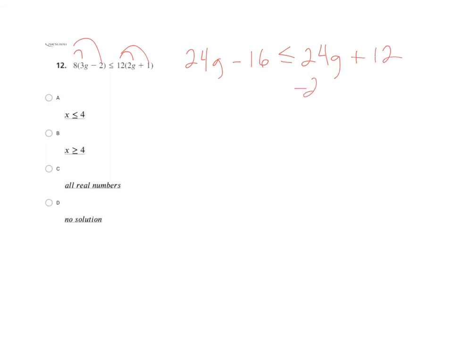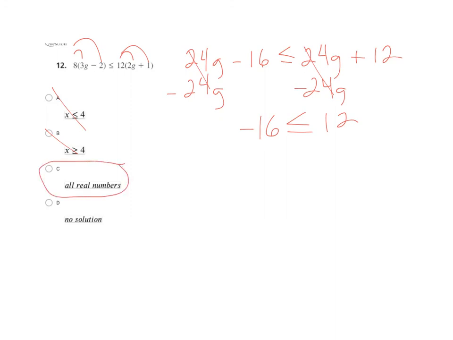Now if I minus 24g from both sides, my variables go away. That tells me that it's going to be either all real numbers or no solution. Now I just have to figure out if it's true or false. Is negative 16 less than 12? It is true, so my answer would be all real numbers or infinite solutions.